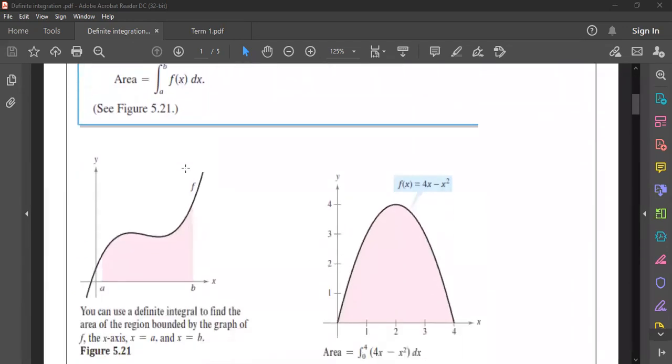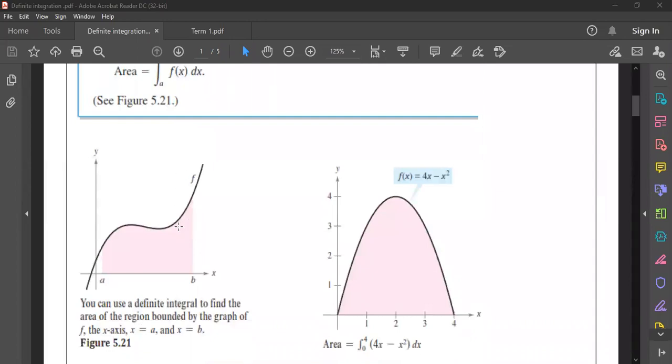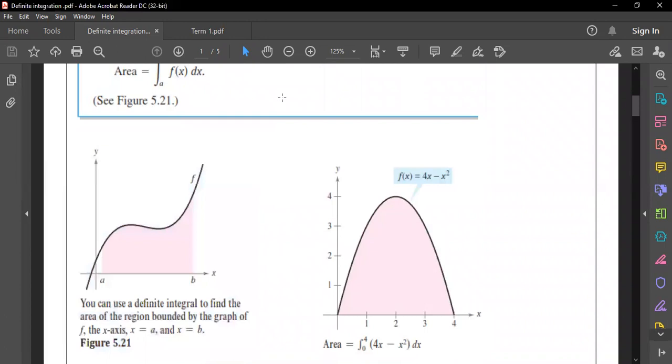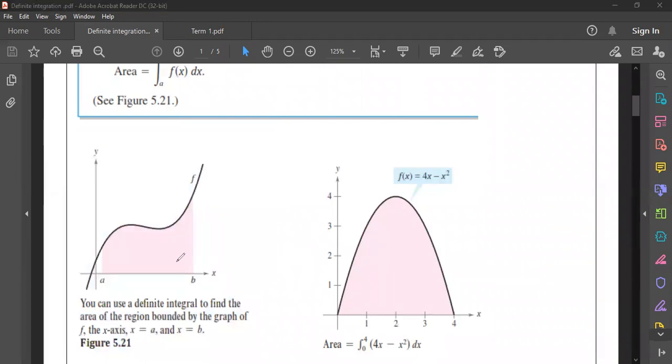Look here, according to what I just explained, that is the curve of the function as you see, that is the two vertical lines, x equal a, x equal b, okay? That is the x-axis, and the area of the shaded region is the definite integral from a to b of f of x with respect to x.